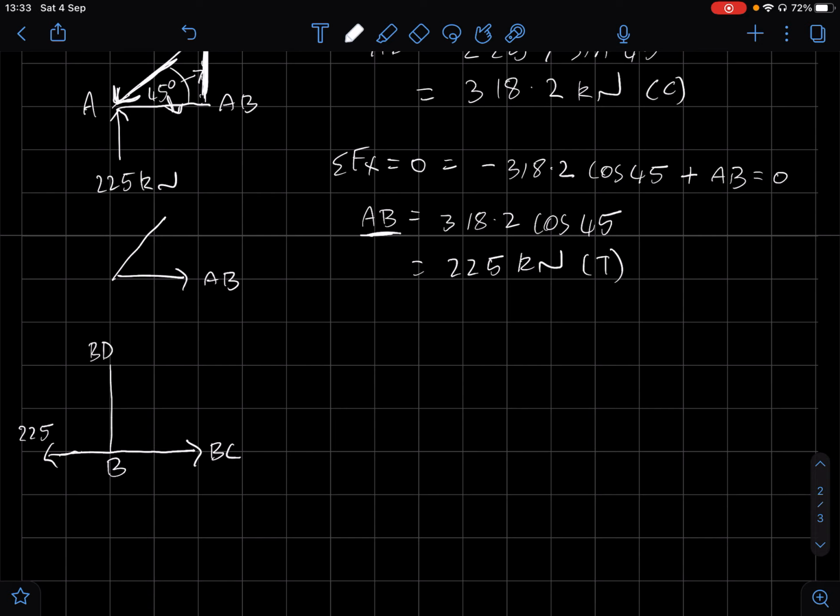Okay. Sum of the forces in the X equals 0 equals negative 225 plus BC. BC is the only other horizontal component. So BC is just going to equal 225 kilonewtons. Now, do we have any vertical components, guys?